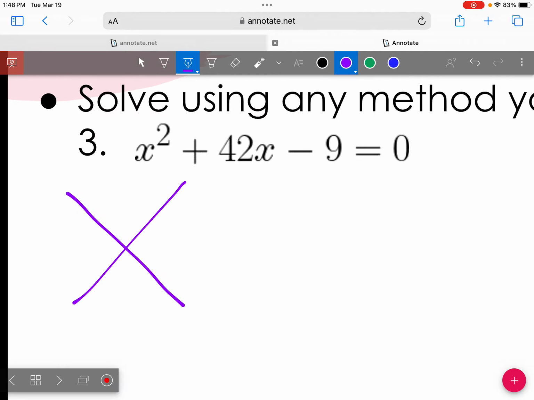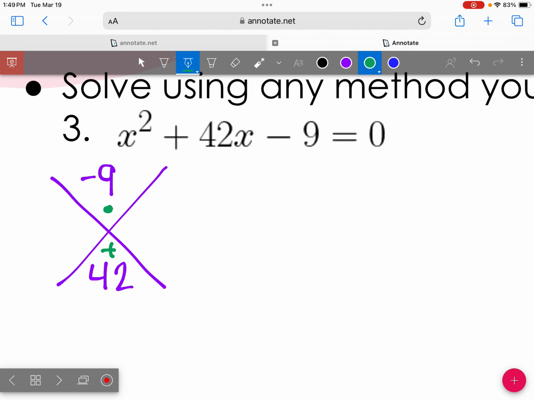That's when we take our a times c, 1 times negative 9 at the top, our b at the bottom of 42. Is there a pair of numbers that multiplies to make negative 9 and adds to make 42? Think through the things that multiply to make 9. 3 times 1 and 9, 3 and 3, and that's it.